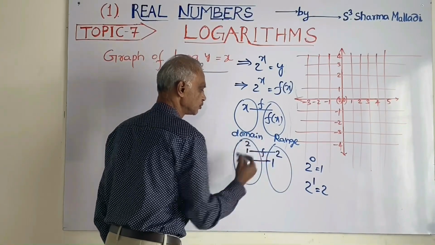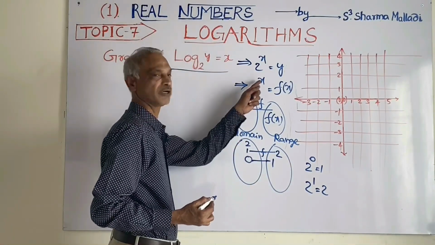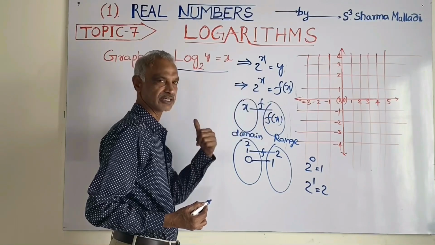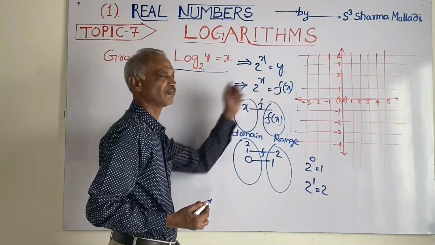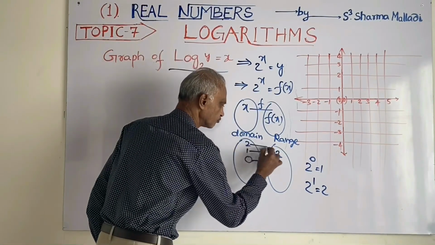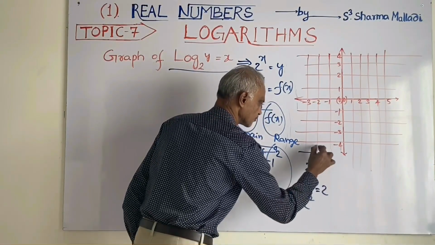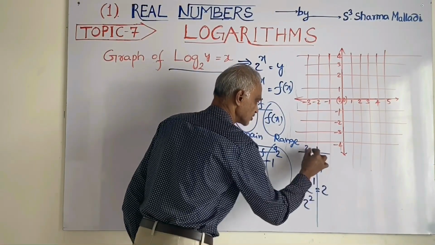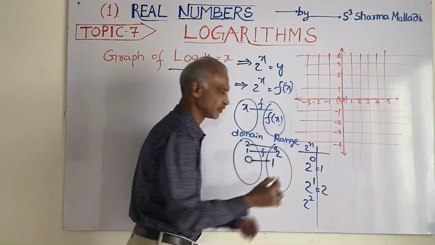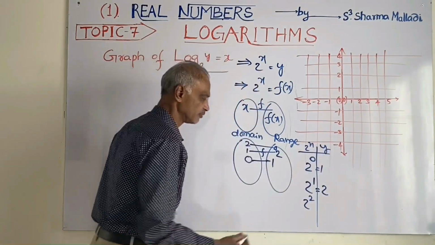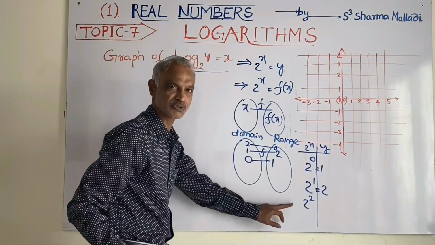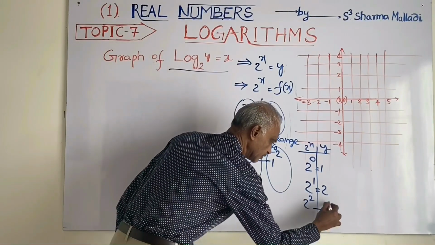You substitute 2: 2 to the power of 2 is equal to 4. What is the value of y you are getting? 4. When you substitute 2 instead of x, this is 2 to the power of x and this is y, you will get 4.